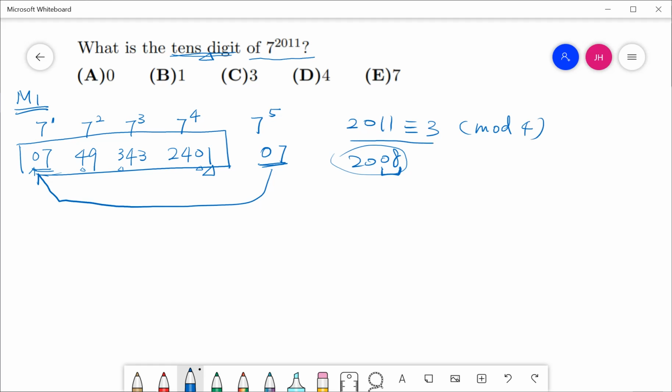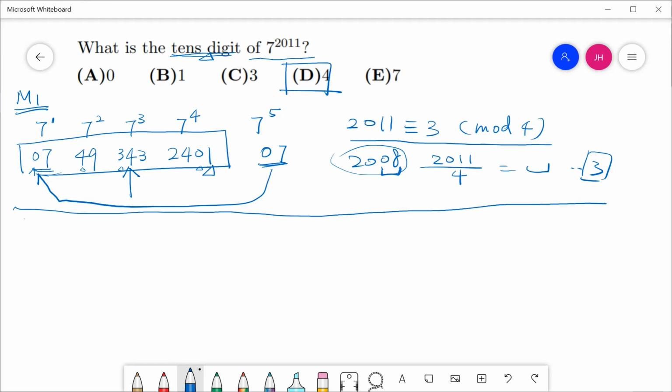This notation is just another way to write that when we divide 2011 by 4, we have something and the remainder is 3. All right, so let's come back to this cycle. So that's 3, right? Every 4 exponentials, if the remainder is 3, then it's this. Therefore, the 10th digit of this large exponential number is D, 4.